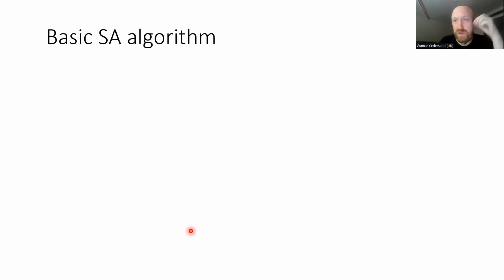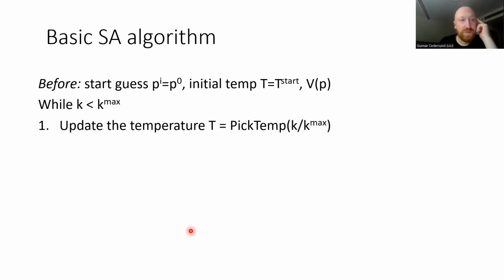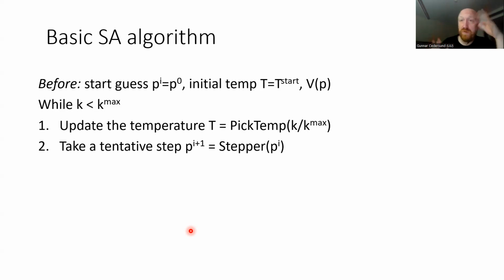If we look at the basic algorithm, in the version that we are using in the MATLAB toolbox, you have some initial temperature that's typically high, some start guess, which is the first point where you start the optimization, and a cost function. And you keep going while some looping variable is not at its maximum value. The first step is to change the temperature, which generally implies lowering it according to some schedule. Then you take some kind of step. In a simulated annealing approach, you need to combine it with some kind of stepper.